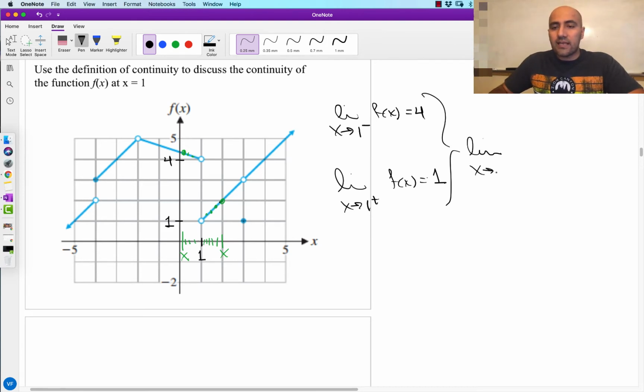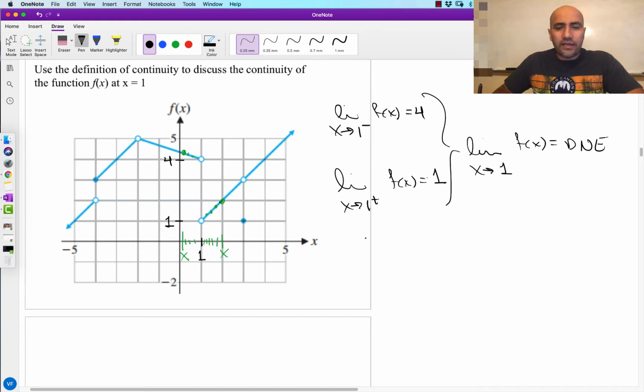The limit as x approaches positive 1 with no restrictions of f of x does not exist, because it depends on what value of x you choose. Sometimes it seems to be marching toward positive 1, sometimes toward positive 4. So the unrestricted limit does not exist.